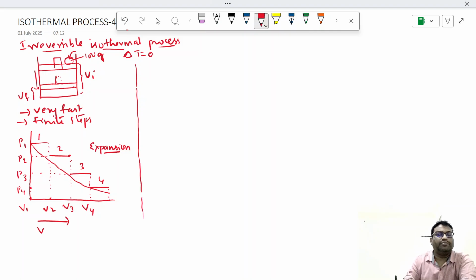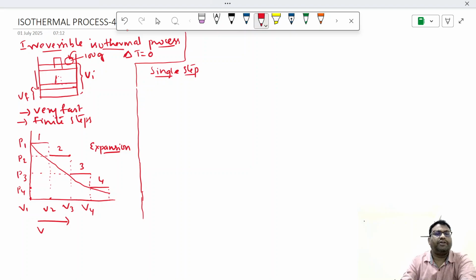Next, coming to irreversible isothermal process. For example, it is taking place in a single step. Okay.